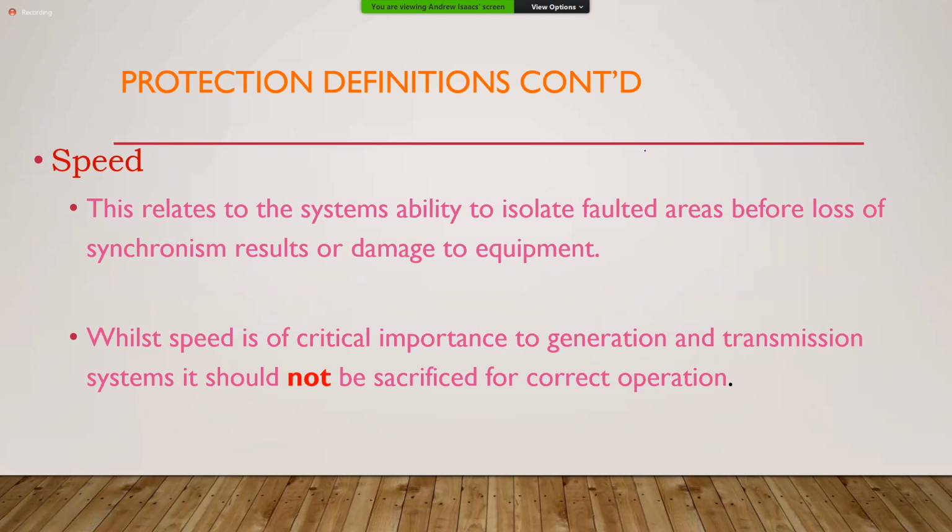So speed. So we talk about stability, and as I said, it deals with the ability to remain non-responsive to load and fault conditions outside of the protection zone. Yes? And then speed, how fast can we isolate?